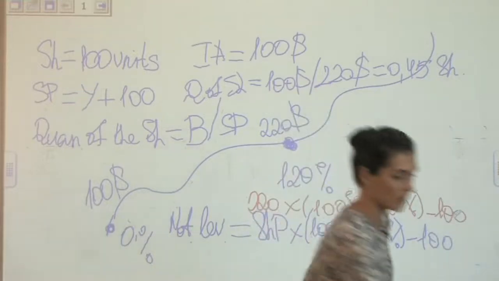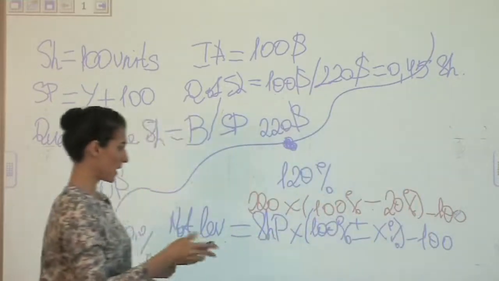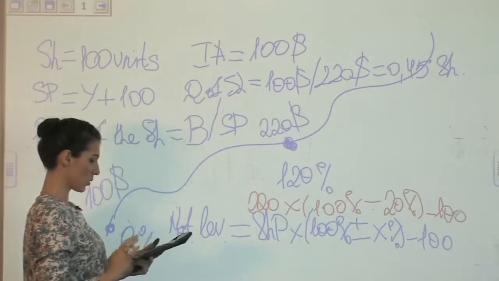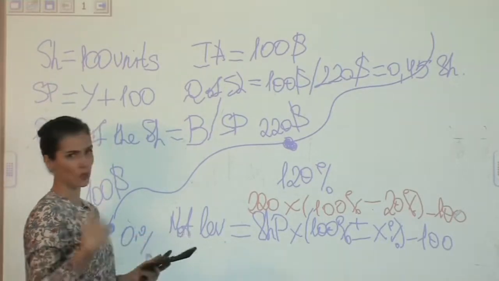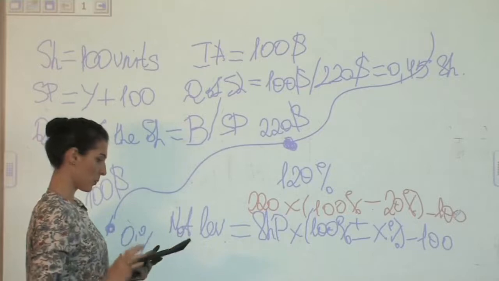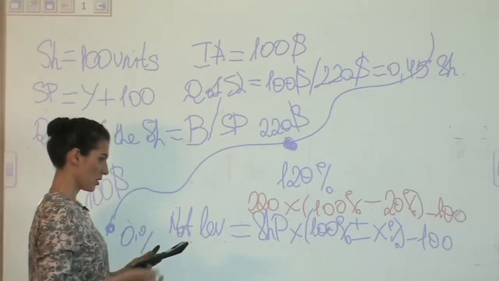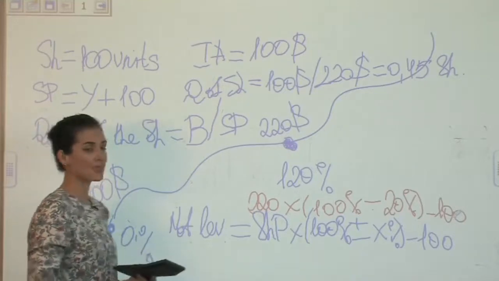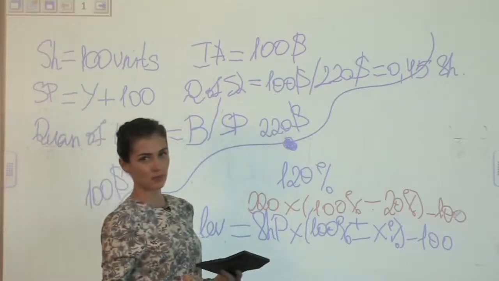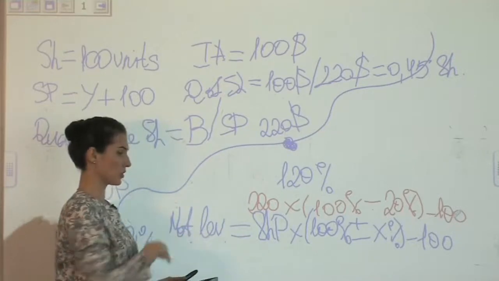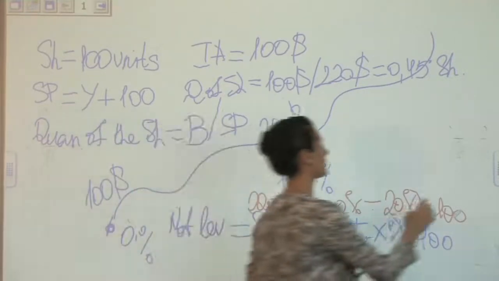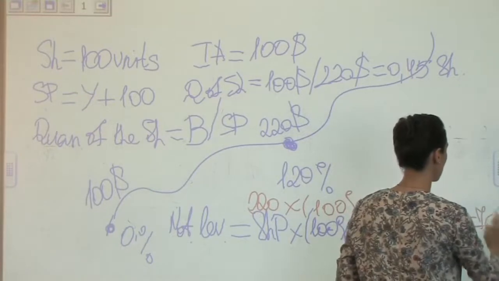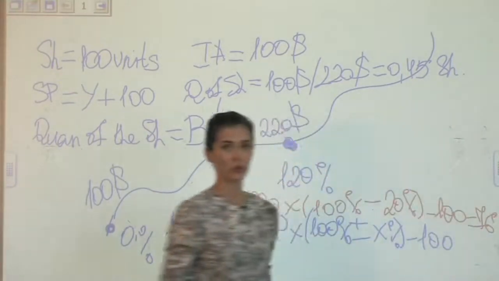So we will get the notification level as 220 multiplied by 0.8, or 80%, depending on what is more comfortable for you to count. This is about 76% notification level. Later I'll show you where you should set this notification level in your Alpari.